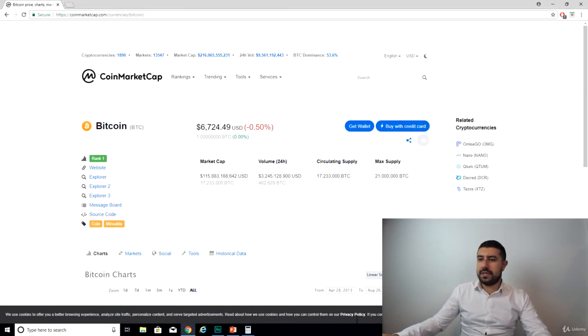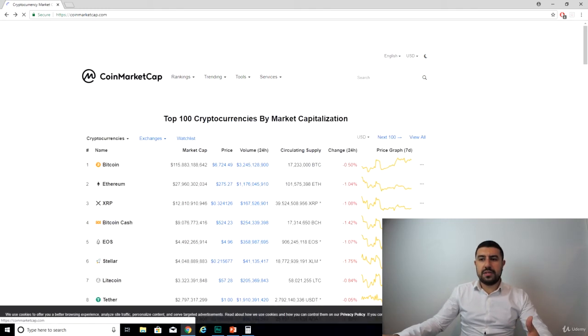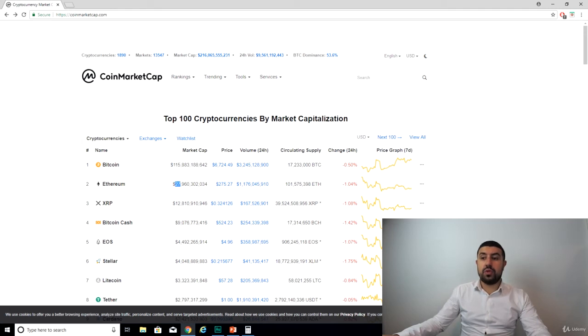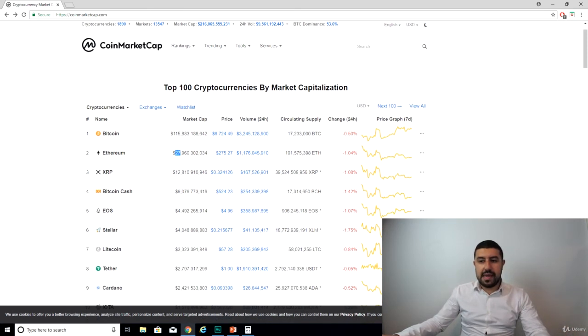And here it is. That's the market capitalization, how big it is. Bitcoin is 115 billion. The next one is Ethereum, which is way smaller, 27 billion. The one after that is XRP, 12. And you can see that they get really small.